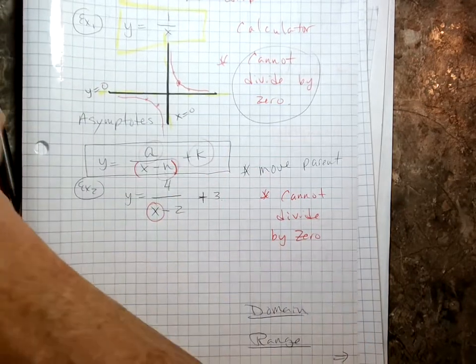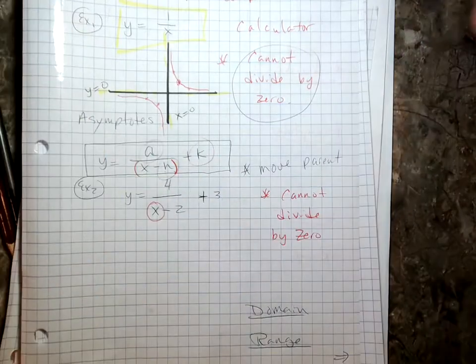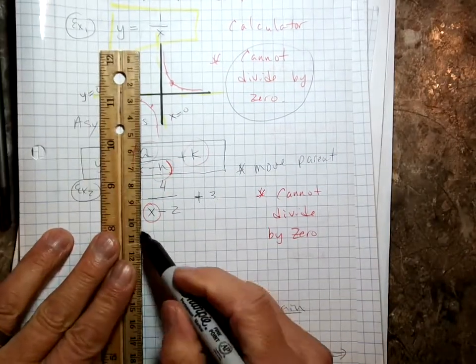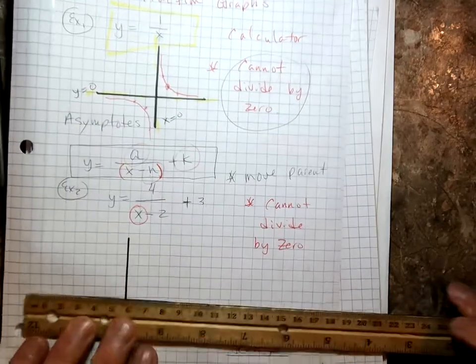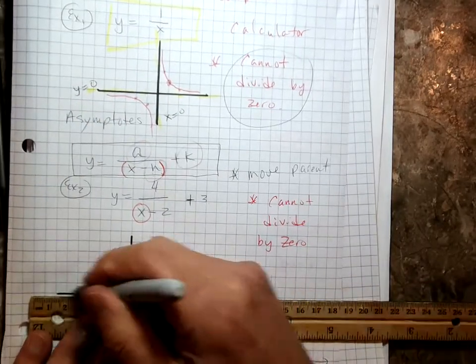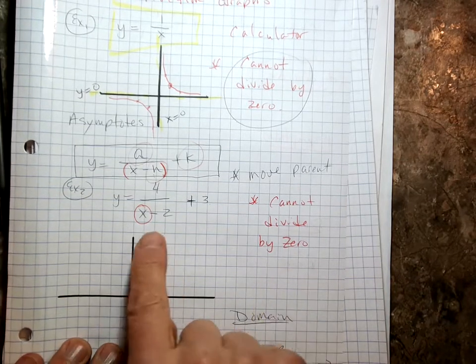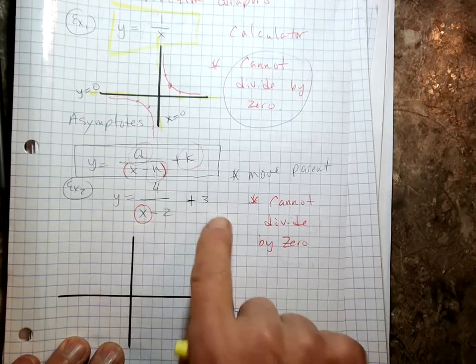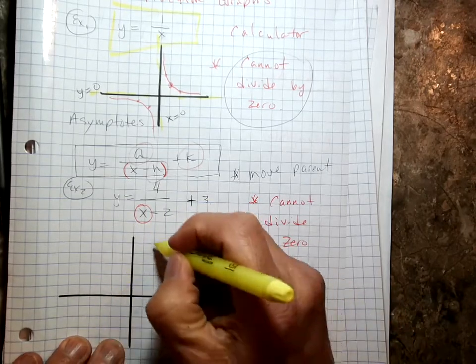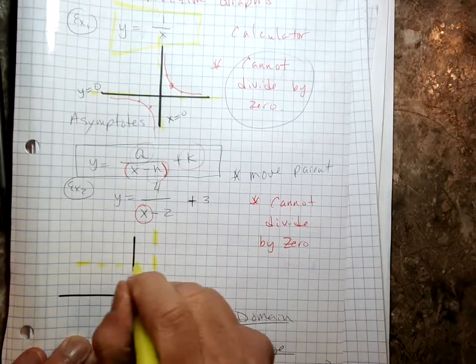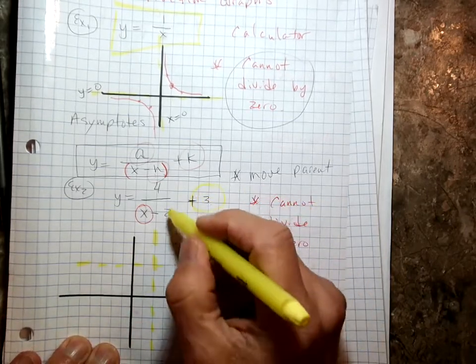So, I'm going to take my parent function, go like this, and let's see how this works. So the way to move it is to move the asymptotes. So my asymptotes are going to move to positive 2 and a positive 3. Okay, I did my translation.